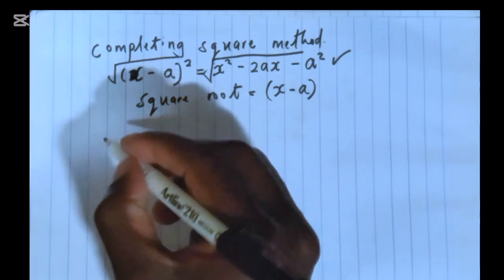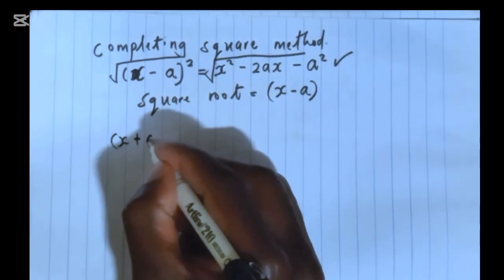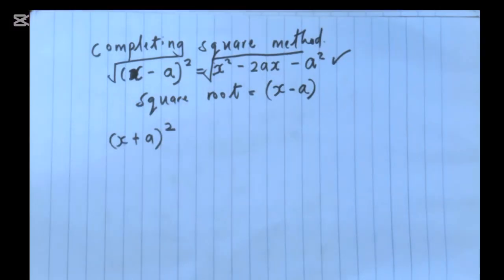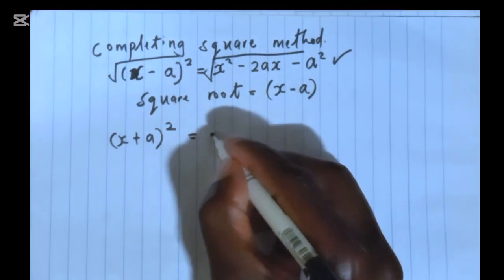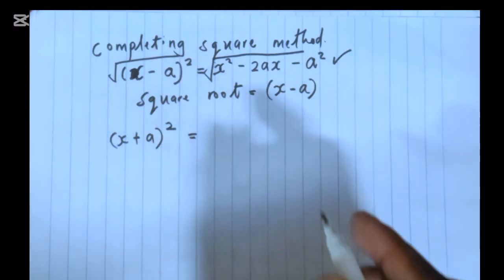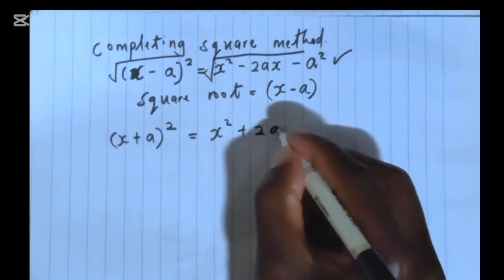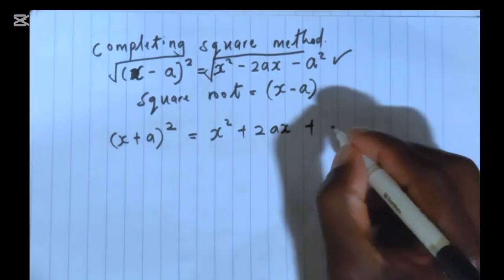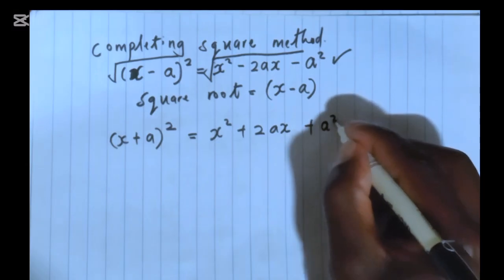And maybe another example we gave of a quadratic identity in that class was x plus a. And so if you decide to square x plus a, we said that you would get x squared plus 2ax plus a squared.